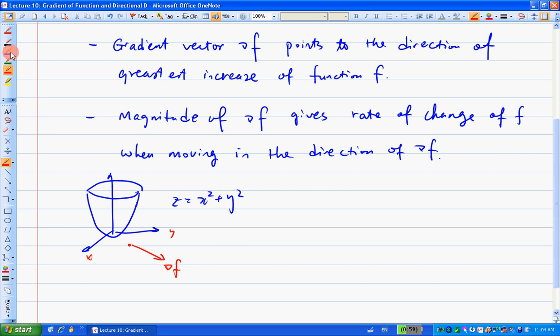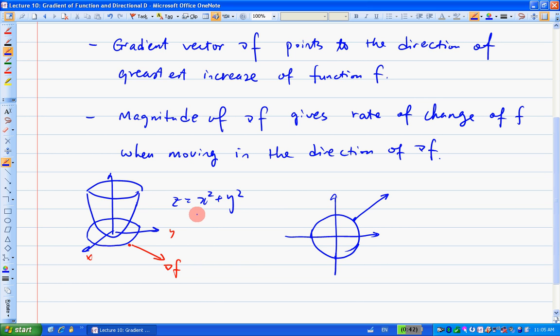Besides drawing this gradient vector, I also drew a contour, or so-called level curve, passing through that point, if you recall. For this one, the level curve is a circle. So if you look at it from the top, this is the level curve passing through this point, and your gradient vector points this way.